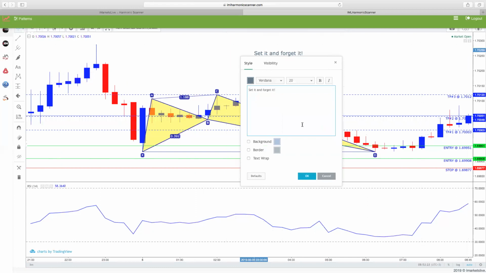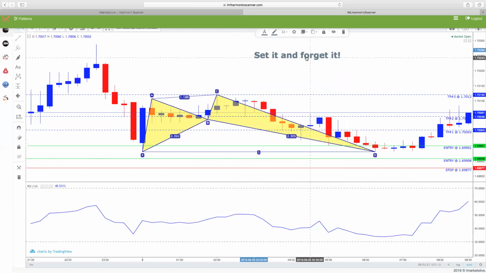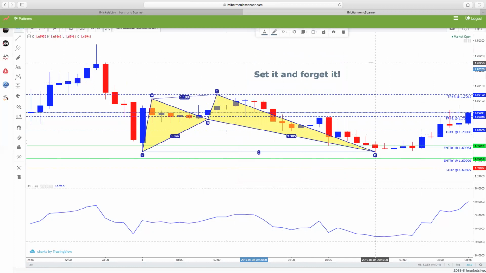Many times we get into a trade and we are so consumed by the trade that we're watching it and we're like, oh my God, it's going down. Oh my God, it's going up. You will build so much anxiety by doing that. These educators that have created the Harmonic Scanner know what they're referring to, and we have a high percentage of trades that hit the take profit point that you want.